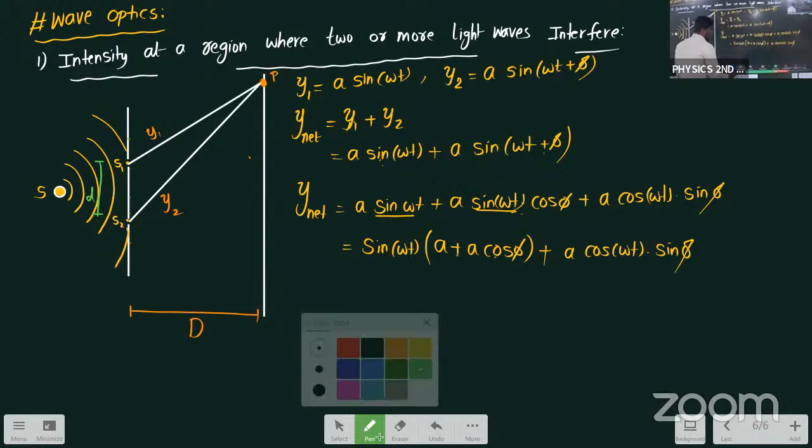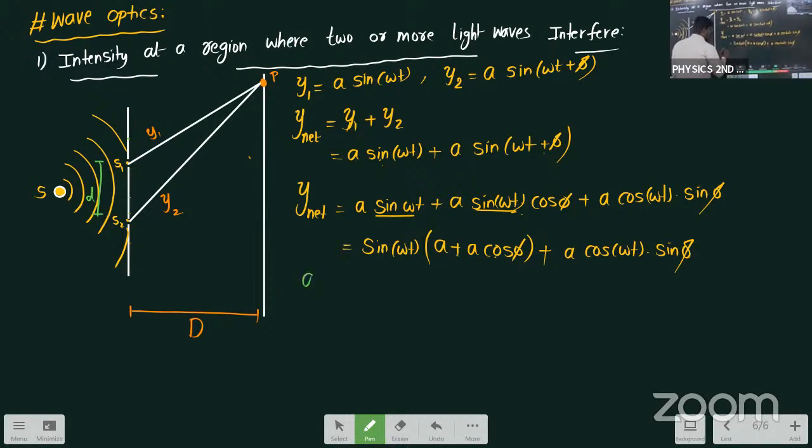In place of a plus a cos phi, I am writing r cos theta. Why are we taking this r? Because our wave equation is y is equal to a sin omega t plus theta. So I want to write the final expression in the terms of y is equal to a sin omega t plus theta. So a will represent the resultant amplitude here.